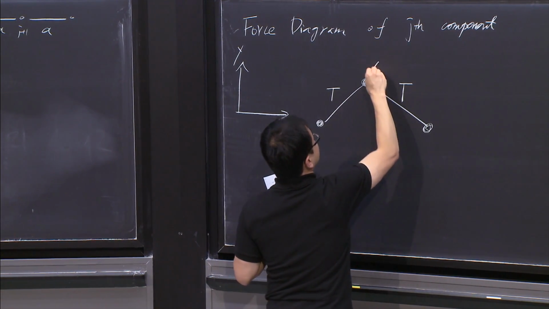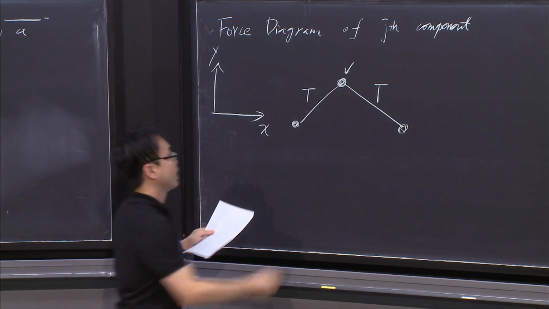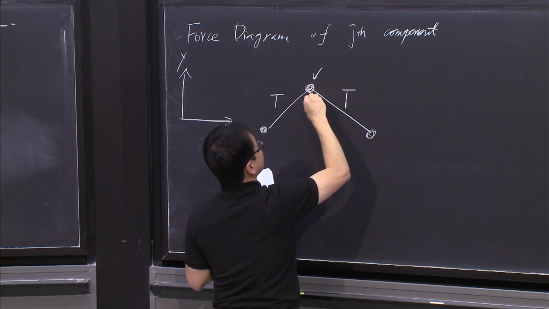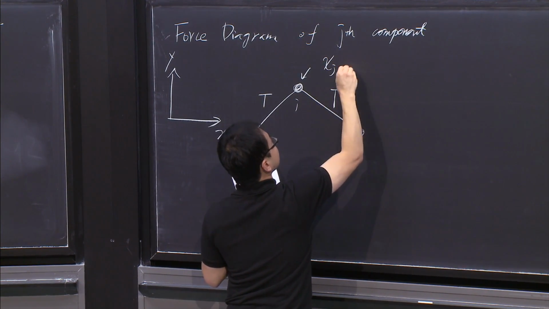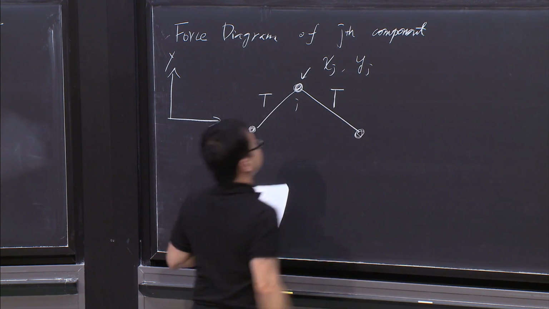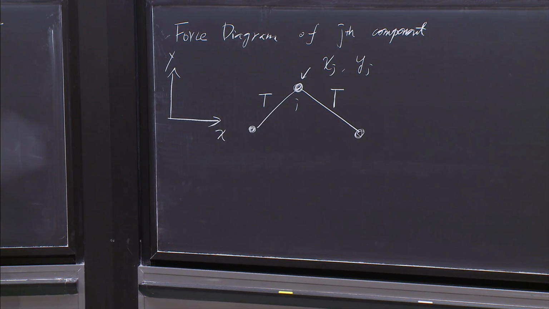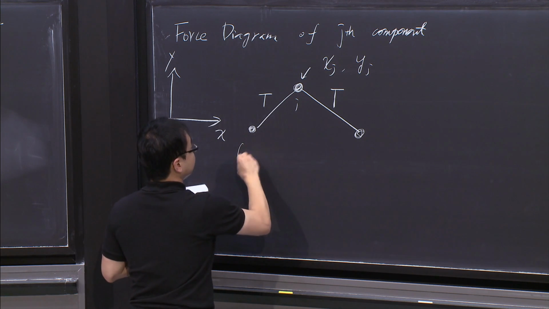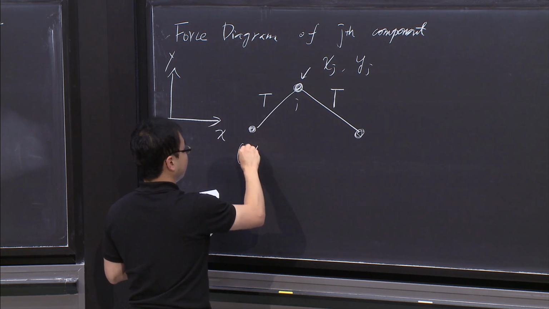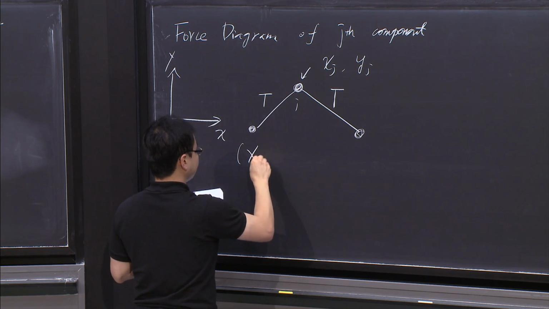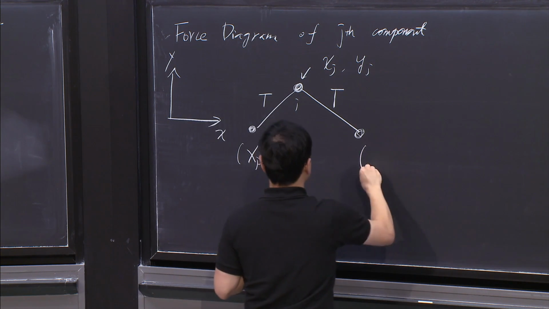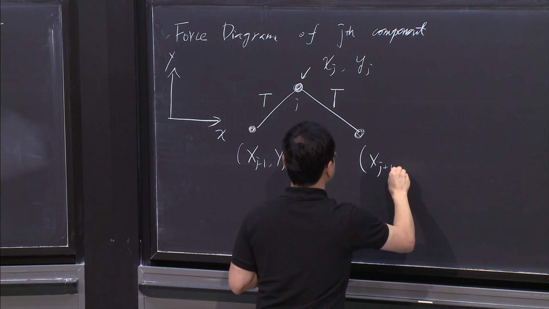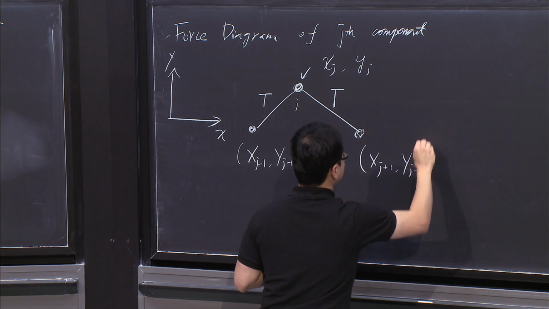Therefore, I can now express the position of this J's little mass as xj and yj. I can do the same thing for the left-hand side mass: it's xj minus 1, yj minus 1, and xj plus 1, yj plus 1.